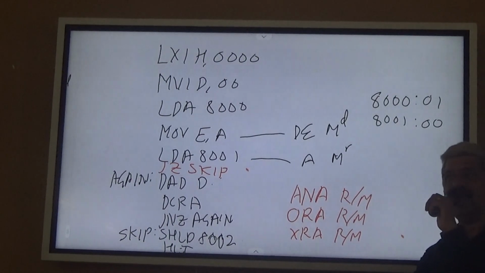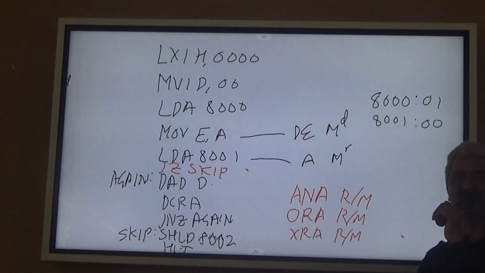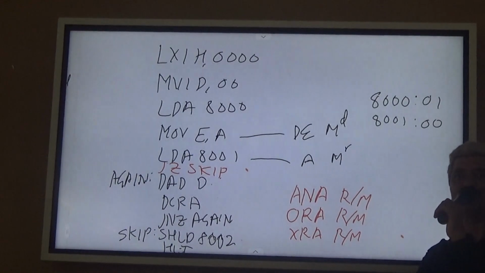Here, AND, OR and XOR with B. What does it do? It is so simple that there is no need to teach it. Register AND B. Now you should tell me what it should do.